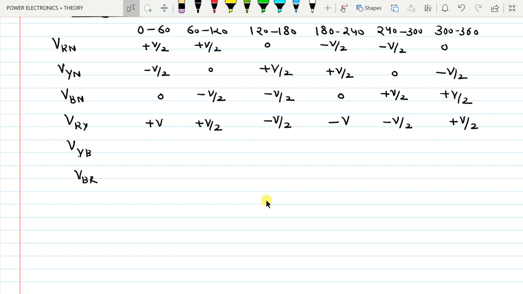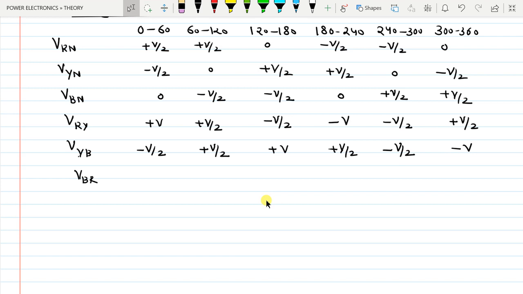VYB is the difference between these two. So minus V by 2, plus V by 2, plus V, plus V by 2, minus V by 2, minus V.